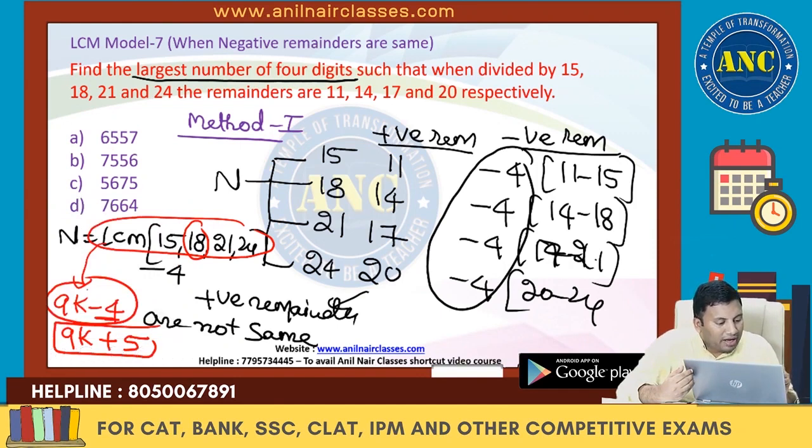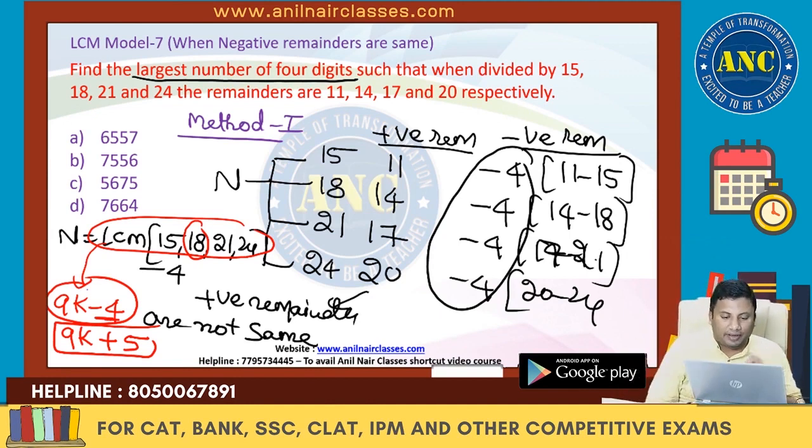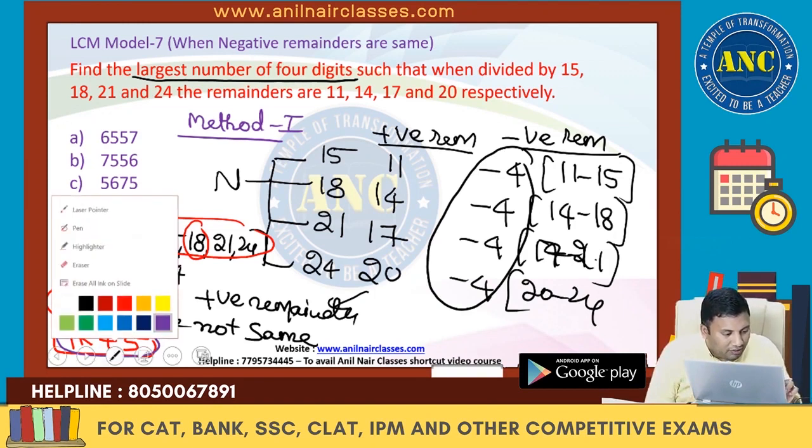Second one: 5, 6 plus 5 is 11, 11 plus 5 is 16, 16 plus 7 is 23, 2 plus 3 is 5. Next: 5 plus 6 is 11, 11 plus 7 is 18, 18 plus 5 is 23, 2 plus 3 is 5. Next one: 7 plus 6 is 13, 13 plus 6 is 19, 19 plus 4 is 23, 2 plus 3 is 5. That means 9k plus 5 is not eliminating any answer.